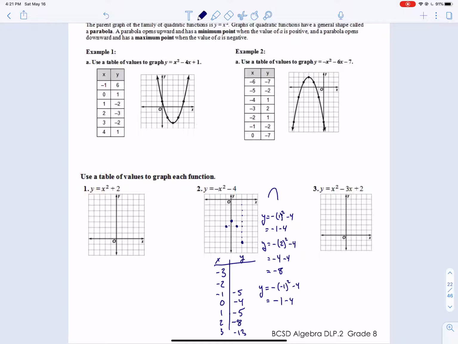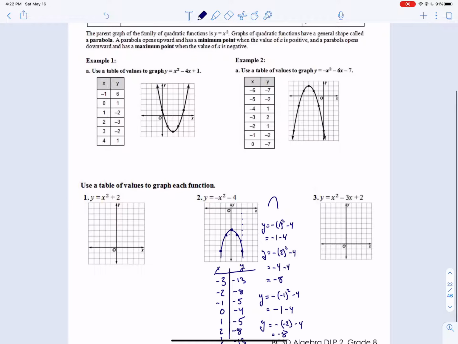Using this, we could probably figure out what negative 2 is going to be. It should be negative 8, but let's try it. So y equals negative, and then negative 2 squared is 4, negative 4 minus 4. Yeah, that's negative 8. And then negative 13. So there it is. There's our parabola opening down. And that's it. Again, choose your x values for your table based off of the graph that you're given.